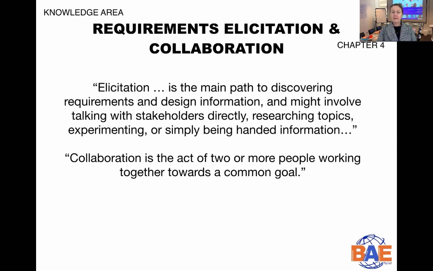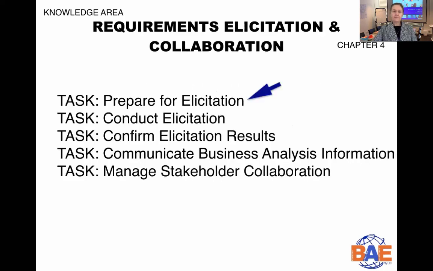And collaboration is the act of 2 or more people working together towards a common goal. So now that you understand the absolute fundamentals of what this knowledge area is built on, let's have a look at the different tasks. This knowledge area is made up of 5 different tasks.